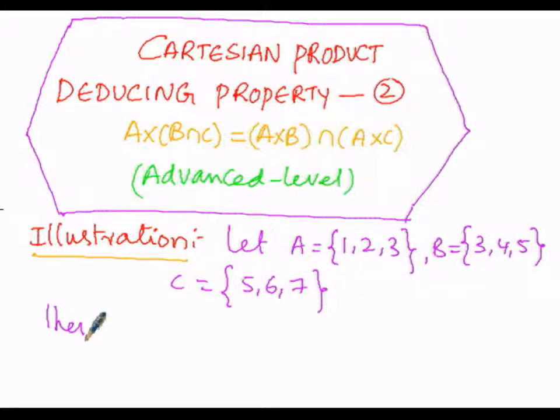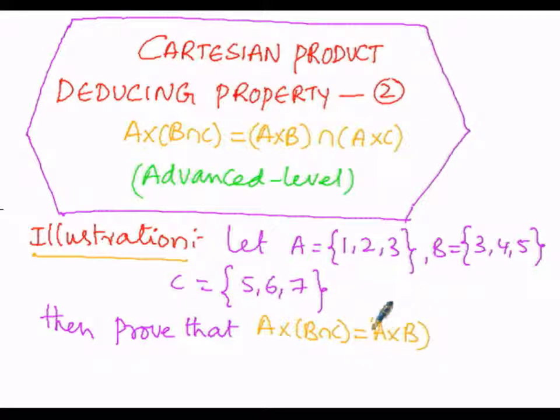Then we have to prove that A cross B intersection C is equal to A cross B intersection A cross C. So in order to prove this condition, the proof starts now.